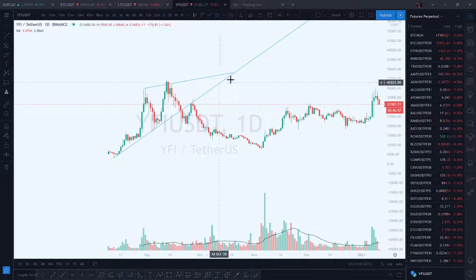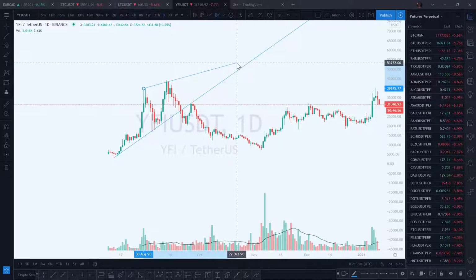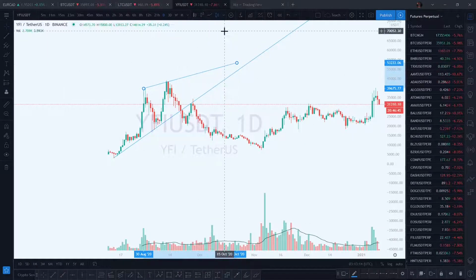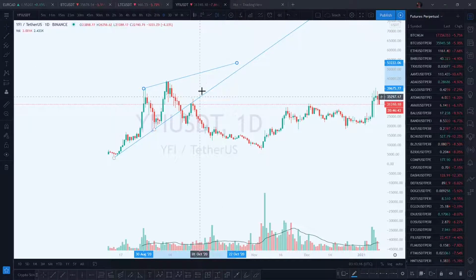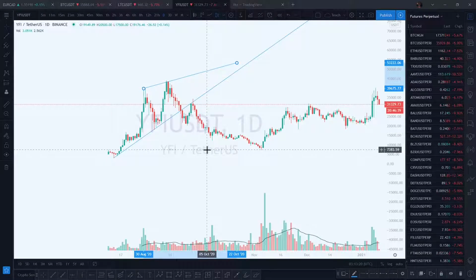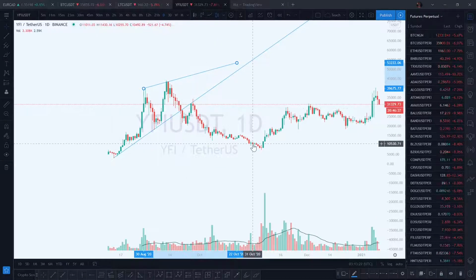So when you see this kind of pattern, you are expecting price to break to the downside. In some cases, it will break with volume to the upside, fine. But in most cases, 80% of the time, it always breaks down, just like we had here.